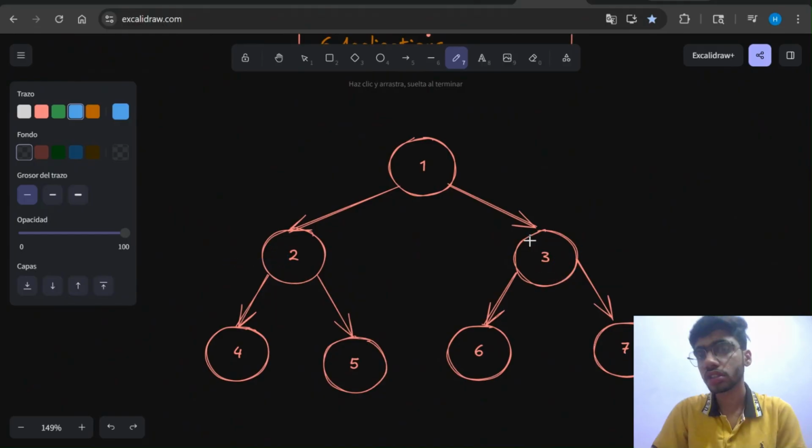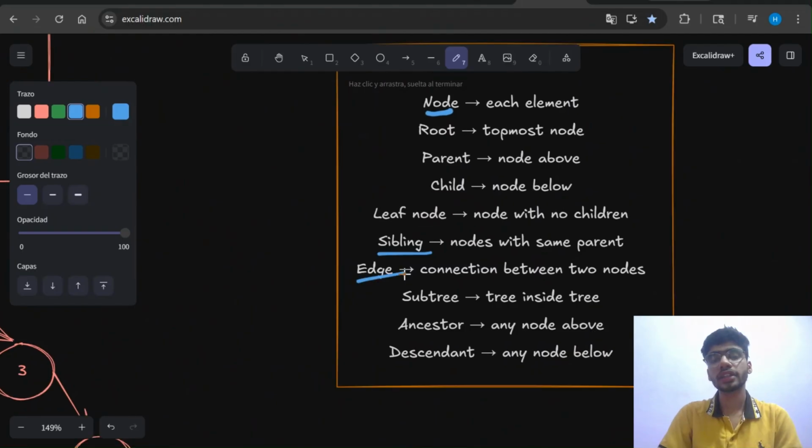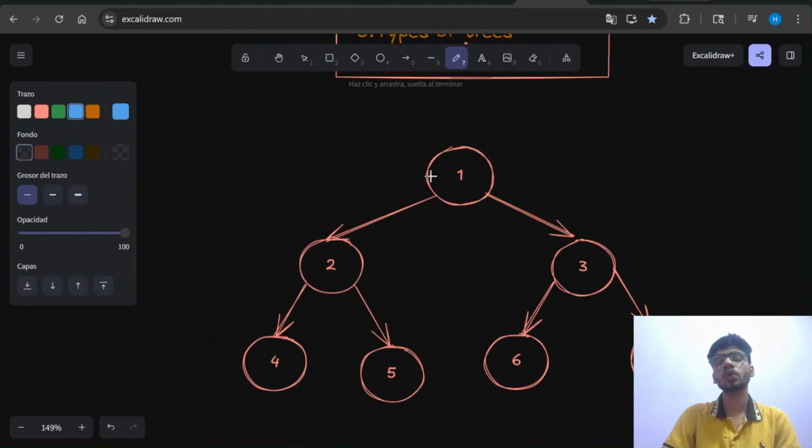Edge. The connection between any two nodes is called an edge. So this is an edge, and this, and this, and this, and this, and this. Edges are connections between two nodes.